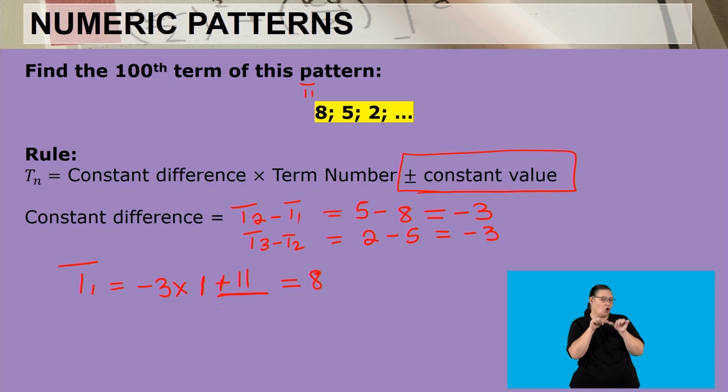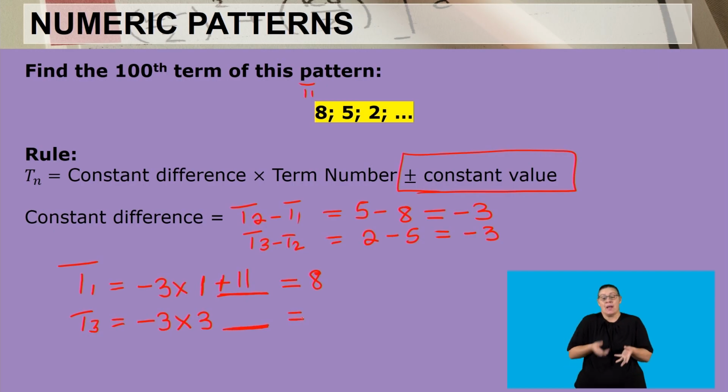Let's check if that constant value that we are adding is the same with the third term. We can even take the third term. You do not have to take consecutive terms. But we are going to say now a negative 3 multiplied by a 3. What are we going to add or subtract so that we get to our third term, which is our 2?